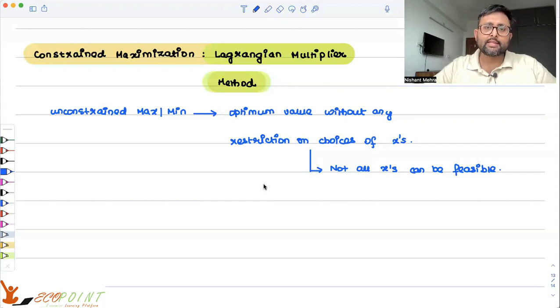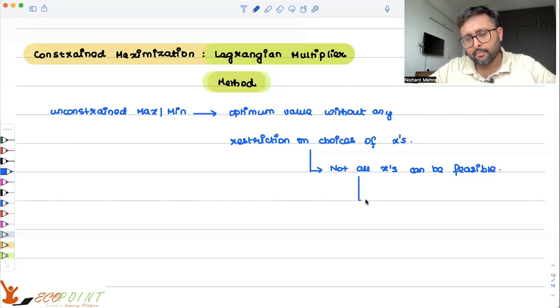Or, for example, in the profit maximization problem, your output can be positive, output can be 0, but output can't be negative, right? Or the utility maximization problem.